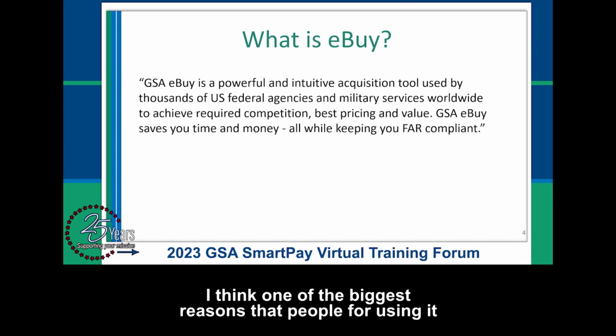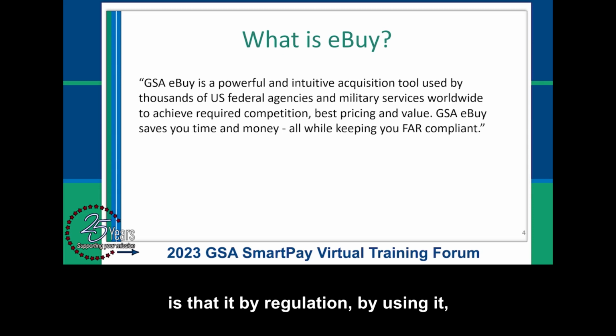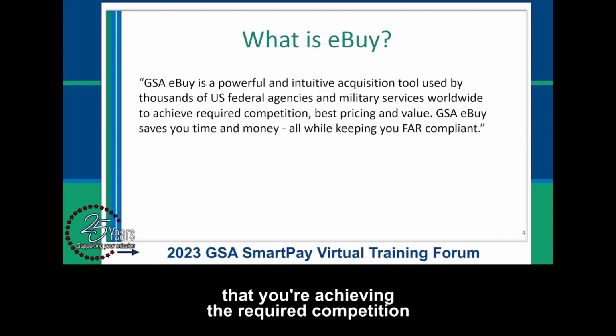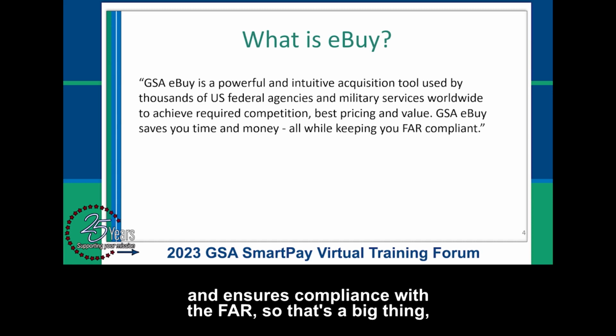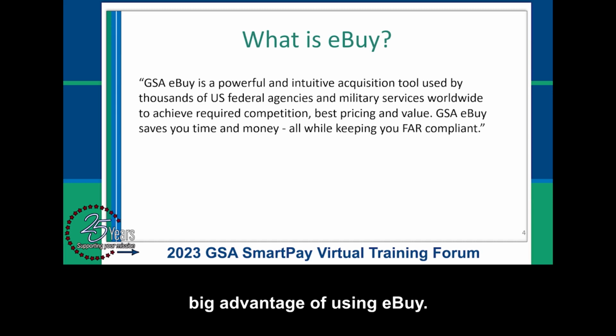I think one of the biggest reasons people use it is that by regulation, by using it, you're achieving the required competition and the best pricing and value, and it ensures compliance with the FAR. So that's a big advantage of using eBuy.